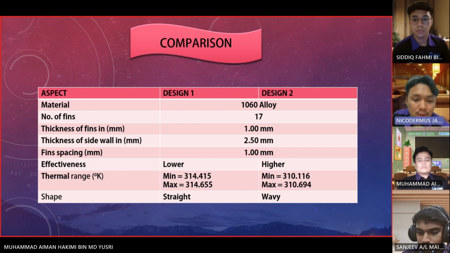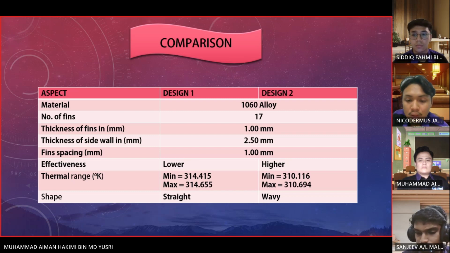For the thermal range, for design 1 the minimum value is 314.415 Kelvin, and the maximum is 314.655 Kelvin. For design 2, the thermal range is 310.116 Kelvin, and the maximum is 310.694 Kelvin.